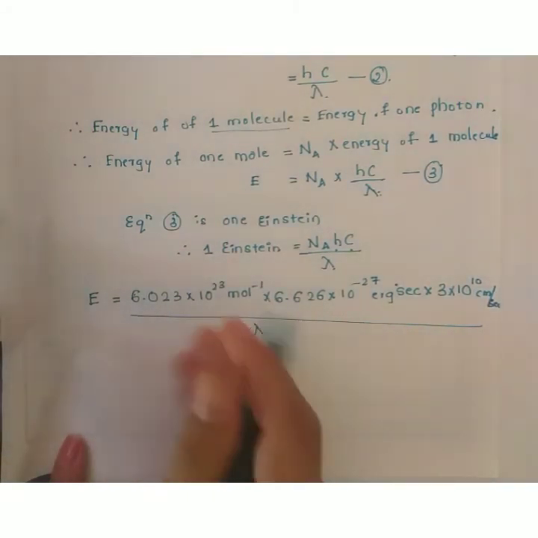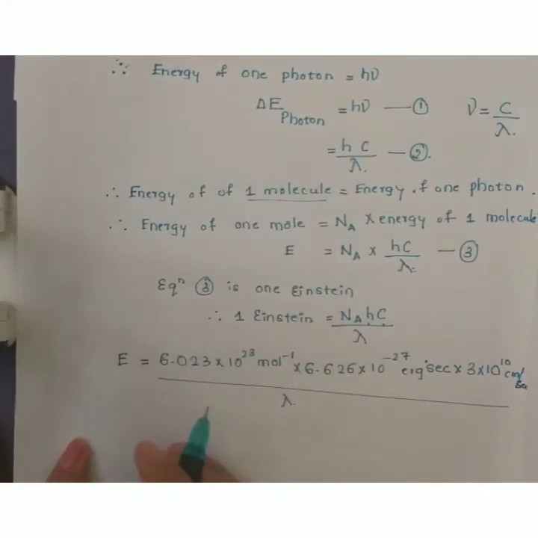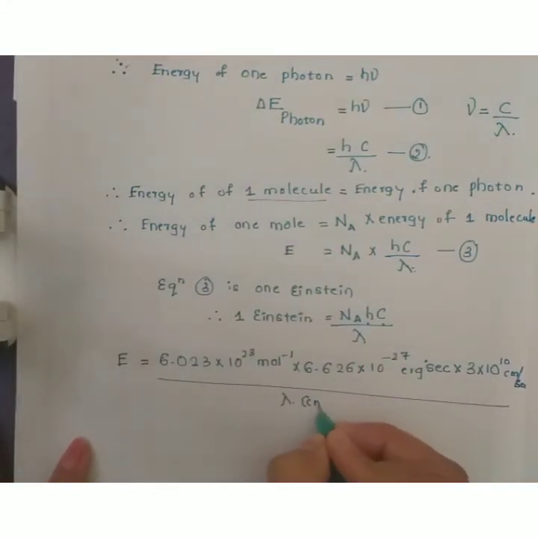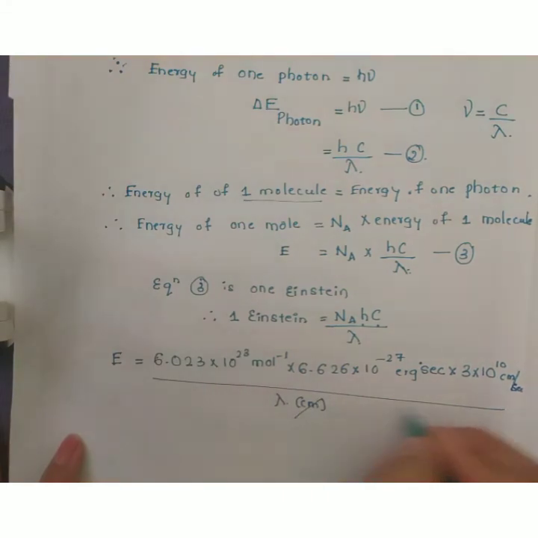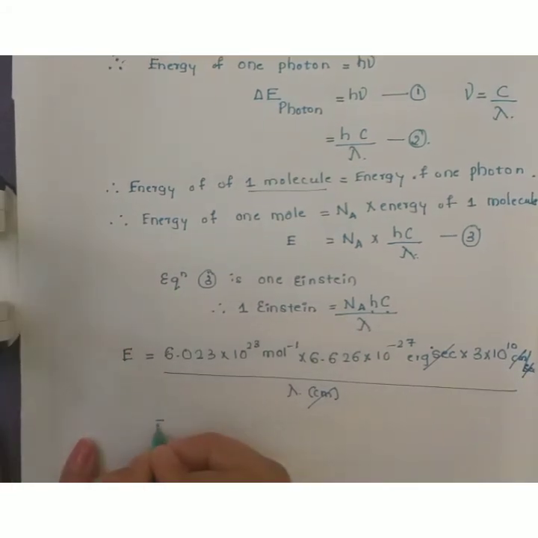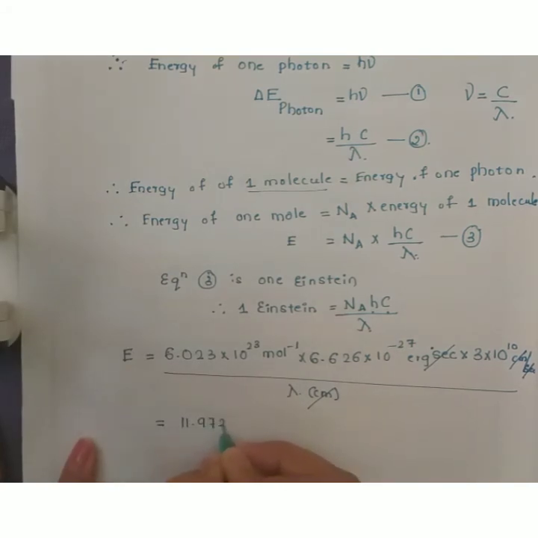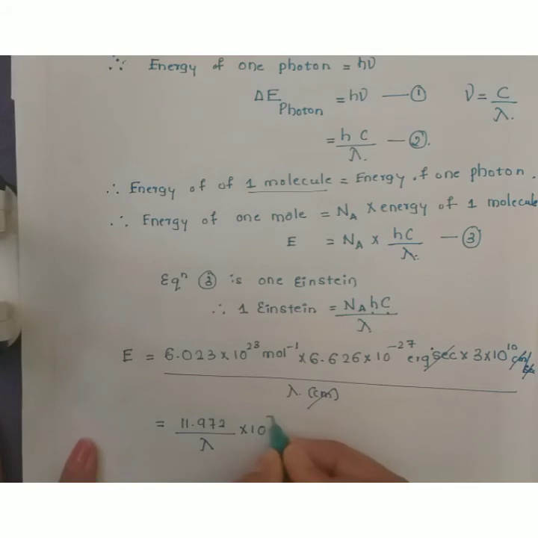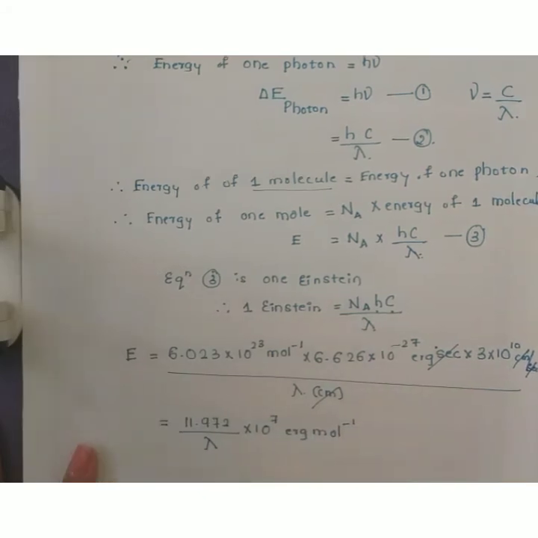The wavelength is taken in centimeter. The centimeter unit and the second cancel. After calculating, the value is 11.972 divided by wavelength into 10 raised to 7 ergs per mole.